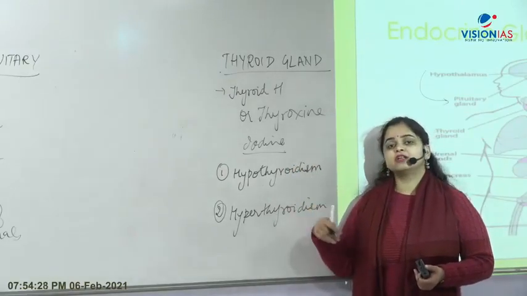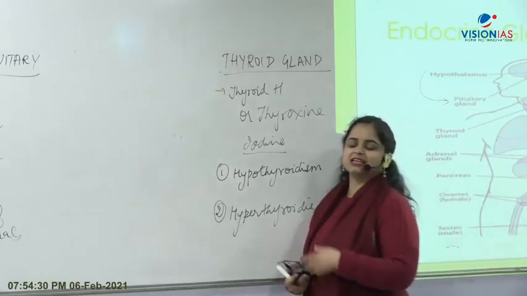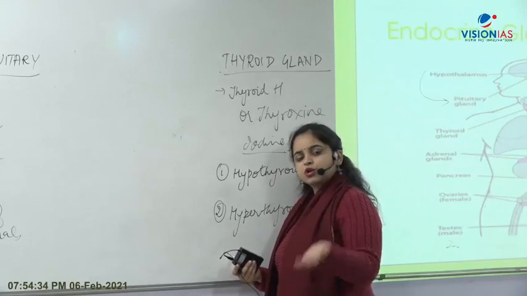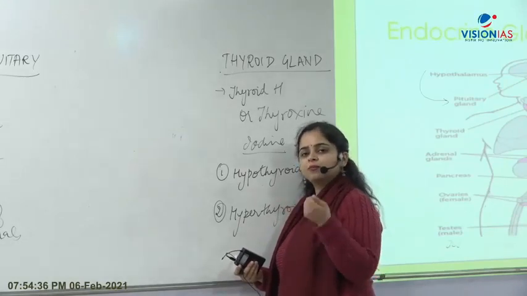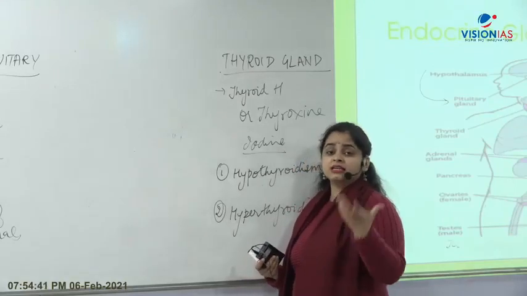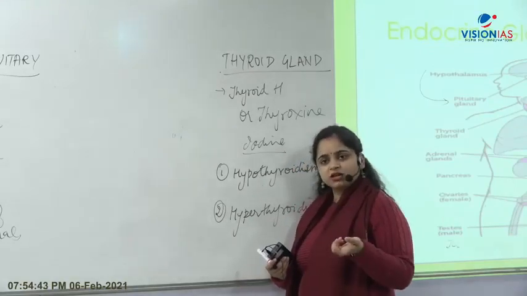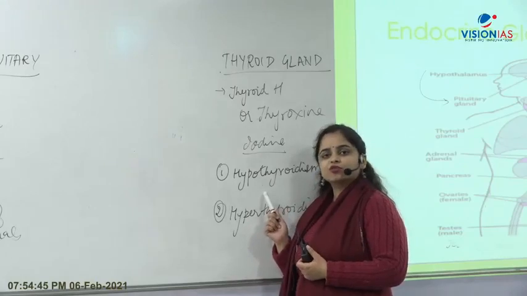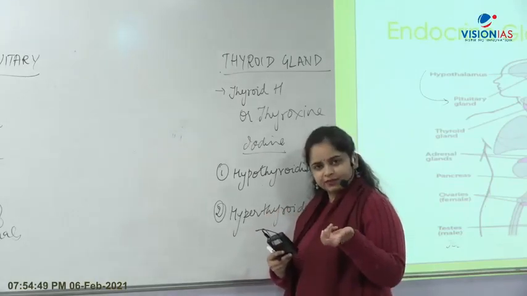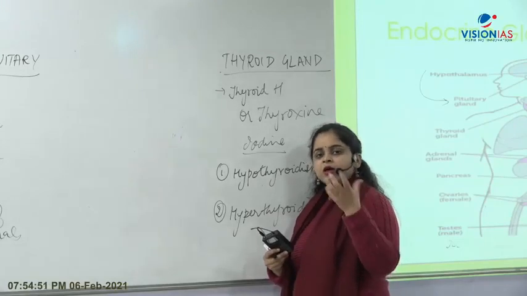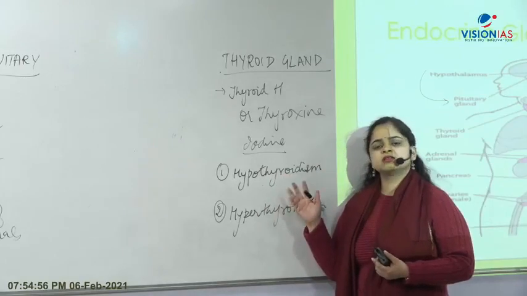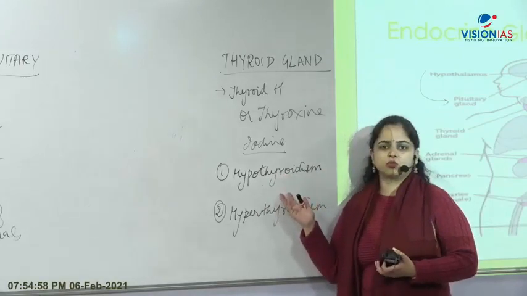So a person will not be able to easily metabolize its nutrients. Because metabolism will not be adequate, things would not be normally processed in the body, these people with hypothyroidism experience a lot of weight gain. Because things are not being utilized, things are not being processed, so there is accumulation and gain of weight.